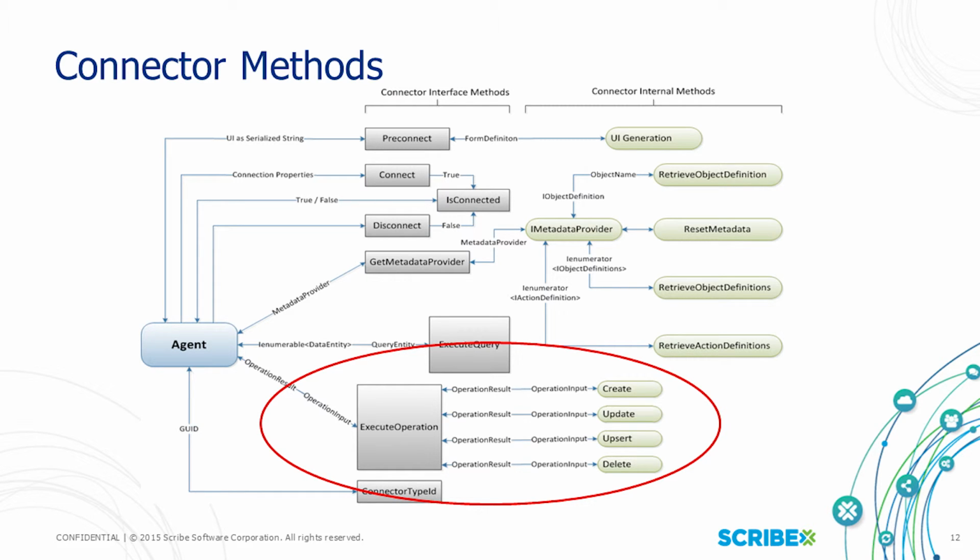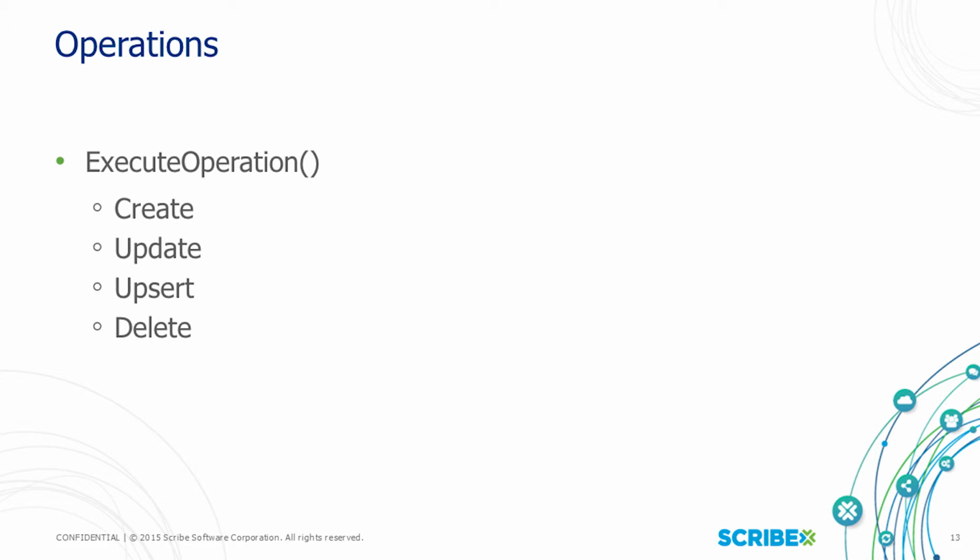The execute operation method takes a data set built up by the agent and sends it to you and says, here's a set of data, go ahead and create a new record, or go ahead and update a record. So the execute operation basically manages what type of operation your connector is going to do with a particular data set given to it by Scribe Online.